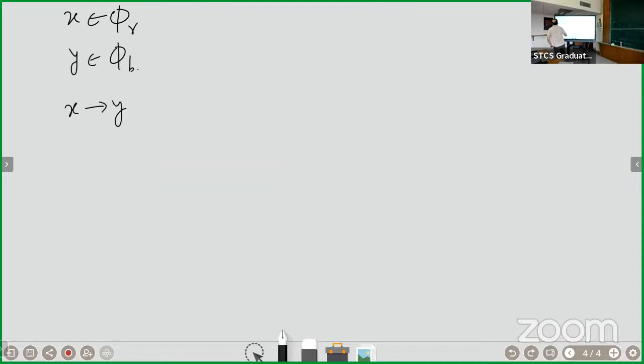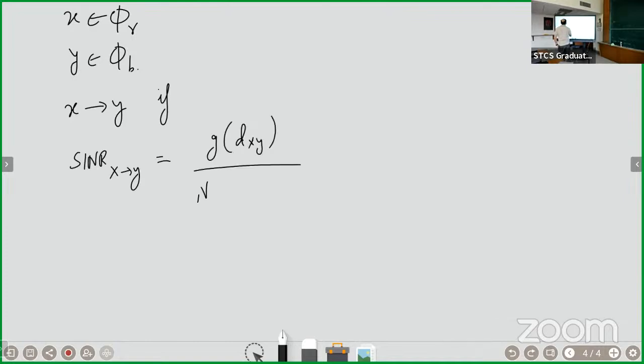If the edge between X and Y, if the SINR, you define it as G of d_xy divided by the sum of G of d_zy, where z belongs to P_B other than X, is at least some value. If the receiver is of blue color, it's only going to see interference from blue nodes. Now, any objection to my definition?